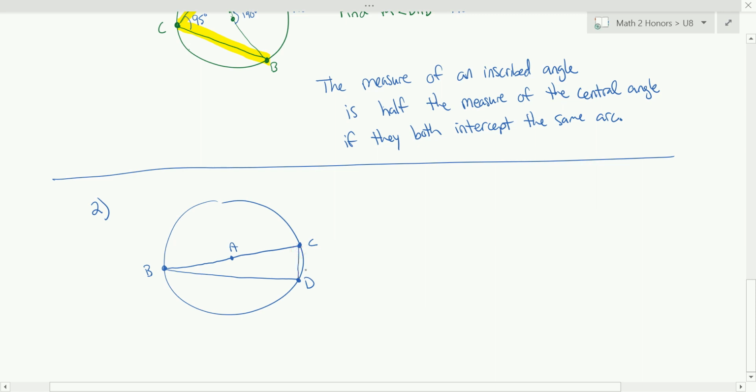And draw this triangle. And I want you to find the measure of angle BDC given circle A. Go for it.